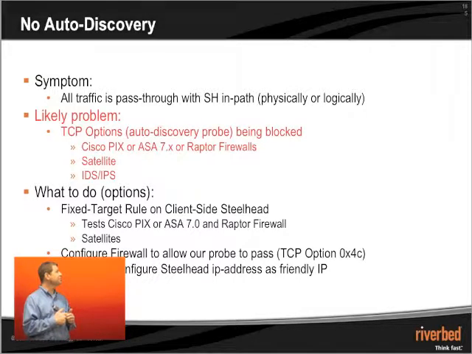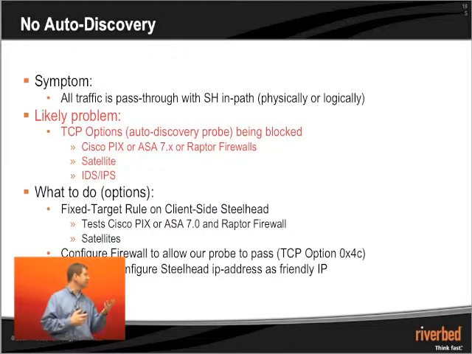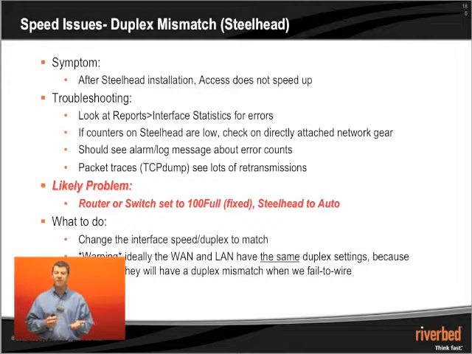Next, speed issues with duplex mismatch. After the steelhead is installed, nothing goes any faster. We would see optimization. It would show that the connection is being optimized, but it's not going any faster. That's because typically the speed or duplex is mismatched where the steelhead is connected to the router or where the steelhead is connected to the switch.